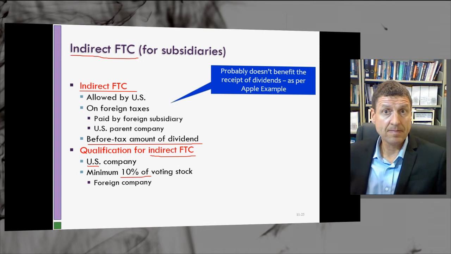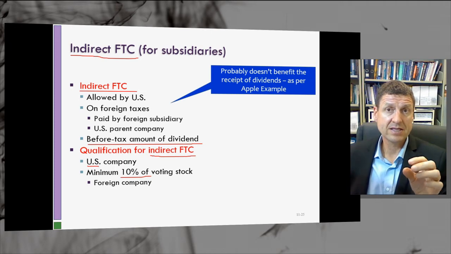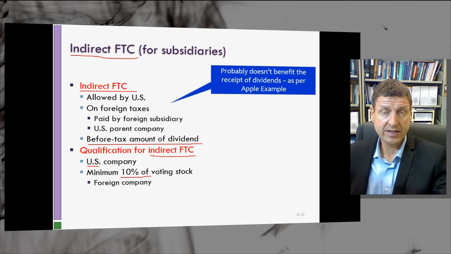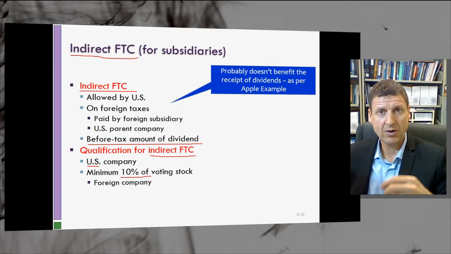So basically, this is what the indirect foreign tax credit is about, and it's about trying to give some offset for any dividends that you receive from subsidiaries overseas, and basically they are after-tax dividends. In other words, tax has been paid by the subsidiaries, then they pay a dividend back to your home country, the US, and the indirect foreign tax credit works to help offset that double taxation effect on those dividends.